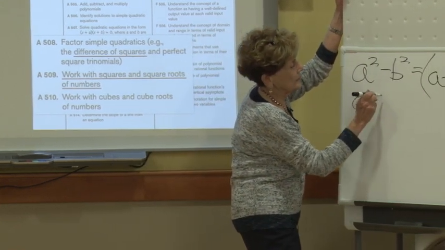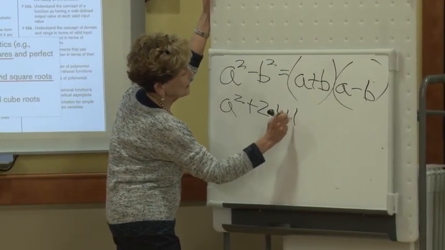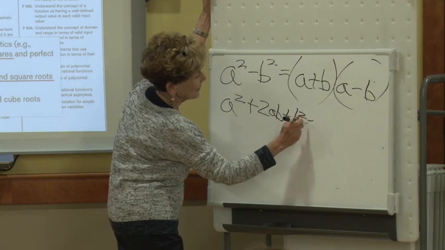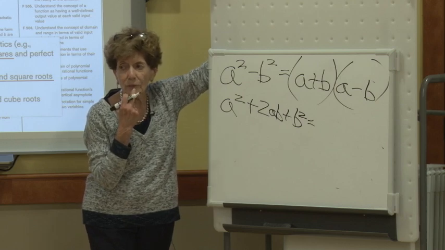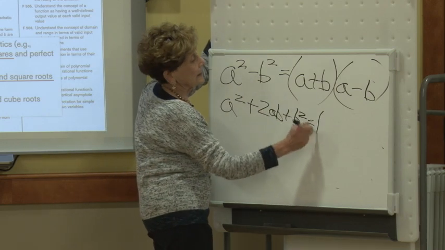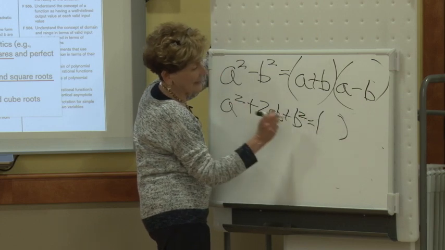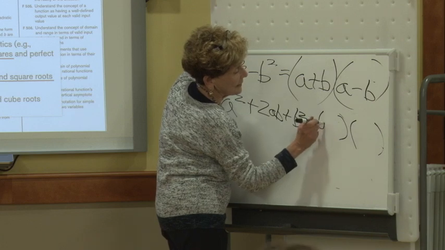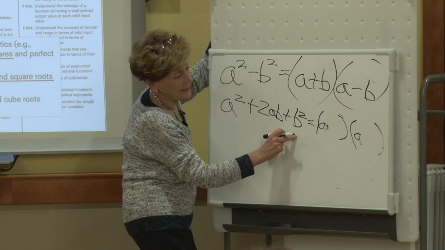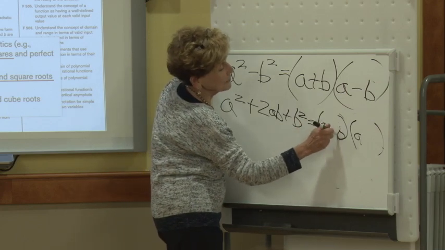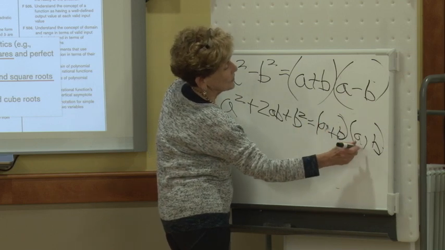How about, there's only three of them, but they need to be permanently ingrained in your minds. A squared plus 2AB plus B squared, how does that factor? Well, A squared has to be A and A, and B squared has to be B and B, and what's your sign in the middle? Plus, sure.